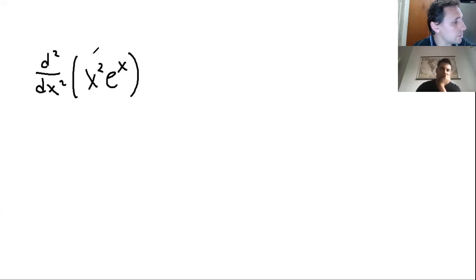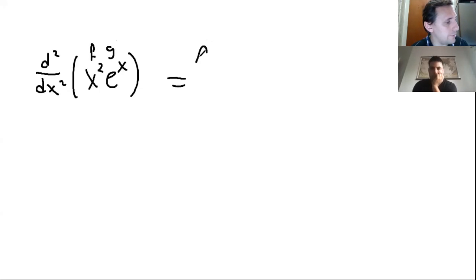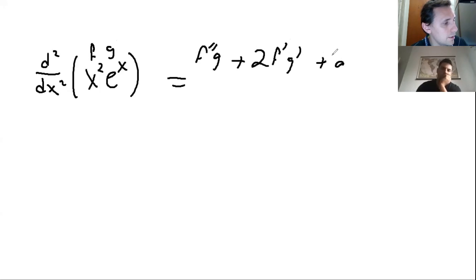Okay, let's see, guys, what it is. The idea is this. Here is the function f, here is the function g, good? So what should I have? I should have the two derivatives of f times g, binomial expansion, yes? Plus 2 f prime g prime, plus f g double prime.